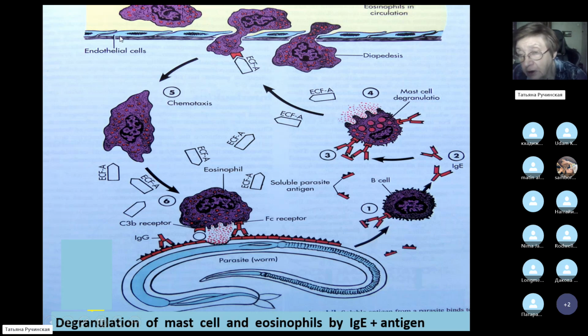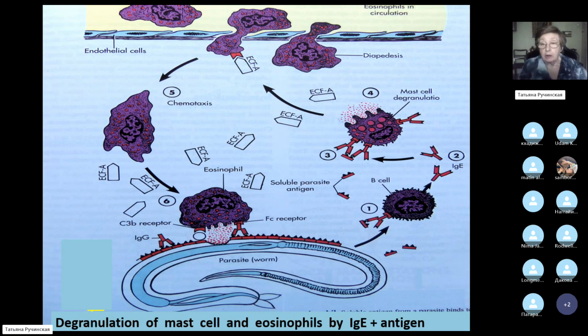So the mast cell degranulates, and all these enzymes or mediators are released from the granules of the mast cell. They are histamine, heparin, proteases, and chemotactic factors for neutrophils and eosinophils.